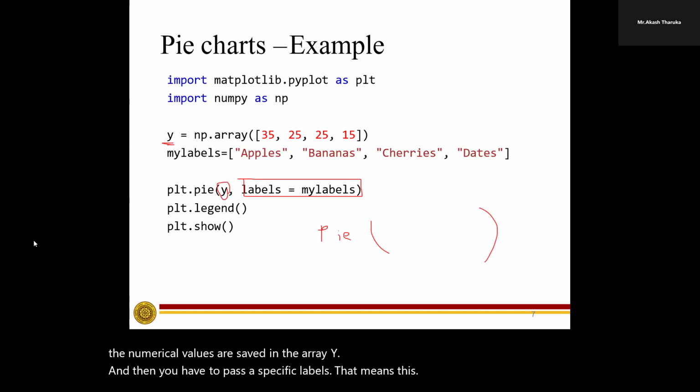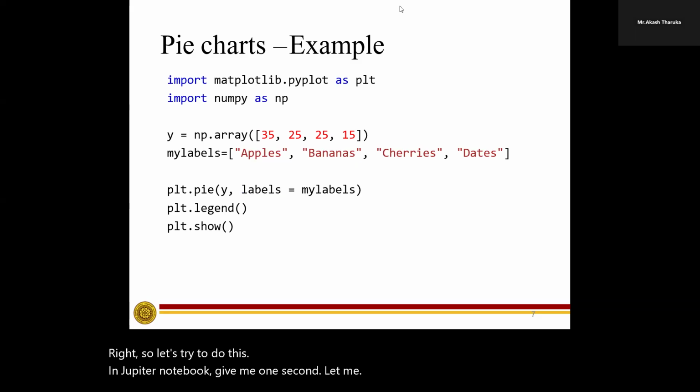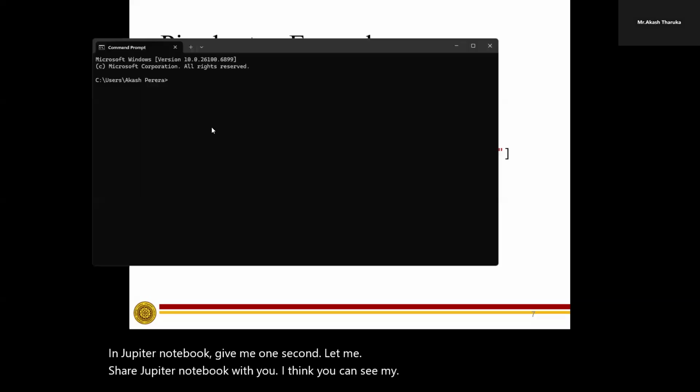Right? So let's try to do this in Jupyter Notebook. Give me 1 second. Let me share Jupyter Notebook with you. I think you can see my screen. I'm going to type Jupyter Notebook.